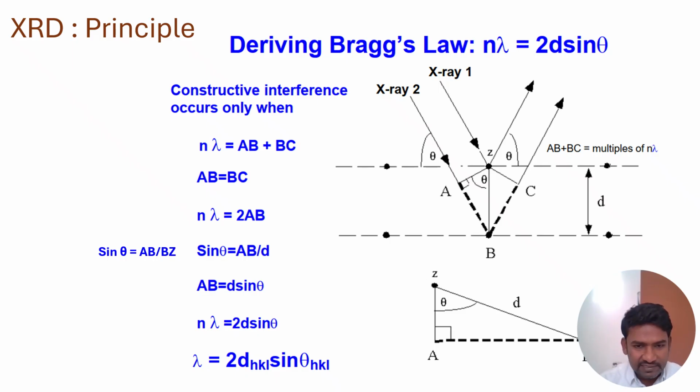If the order of reflection n is 1, then lambda is equal to 2D sin theta. Theta basically works based on the HKL planes. So this is how Bragg's law is derived.